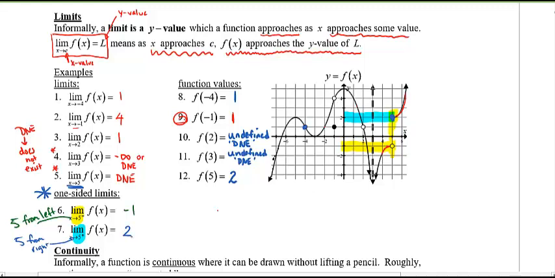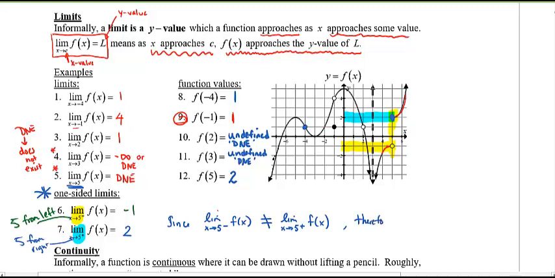All right? And I want you to notice here, because, or I'll say since, the limit as x approaches 5 from the left of the function does not equal the limit as x approaches 5 from the right of that same function.